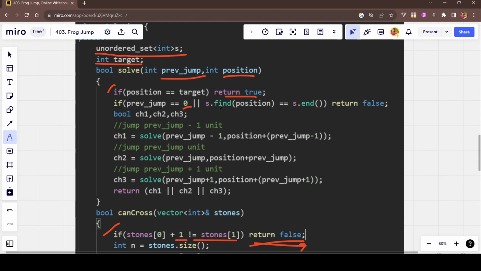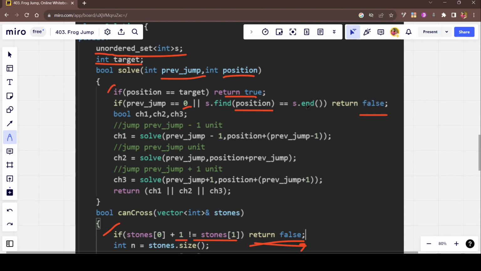So return false. And I have one more condition, s dot find, which checks whether the position is safe or not, that means whether we have a stone on that position. If s dot find is equal to s dot end, that means we have no stone on that position.